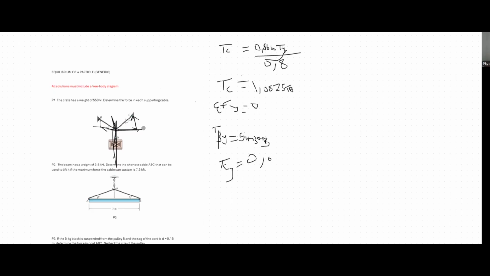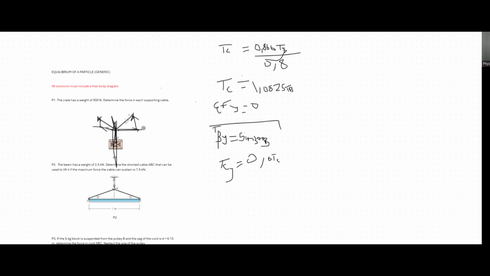When you say 3 over 5 and you punch it in your calculator, it gives you 0.6. So these are the sum of forces in the y direction.